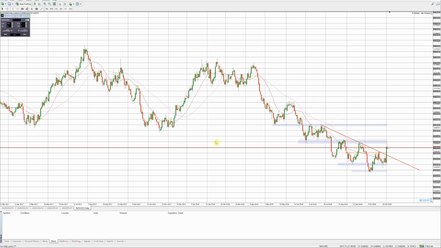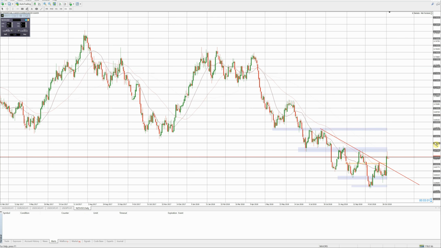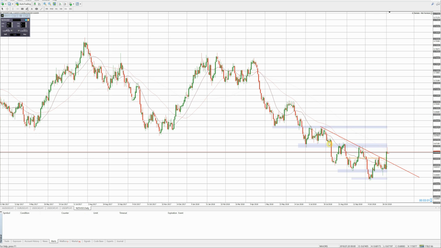And finally, for the NZD USD major pair, actually second to the last pair, I still had the pound dollar pair. This has been in a down channel this last couple of months, but yesterday it has broken through the down channel with a big green candle up.